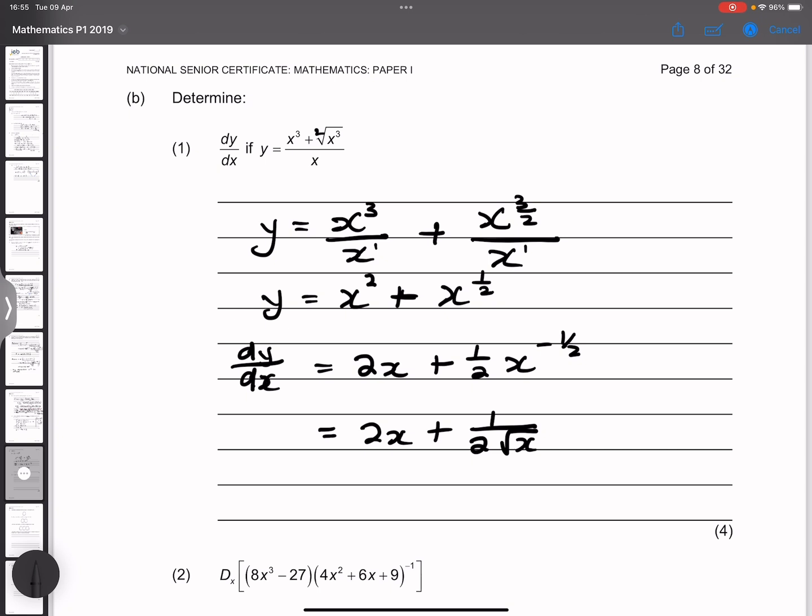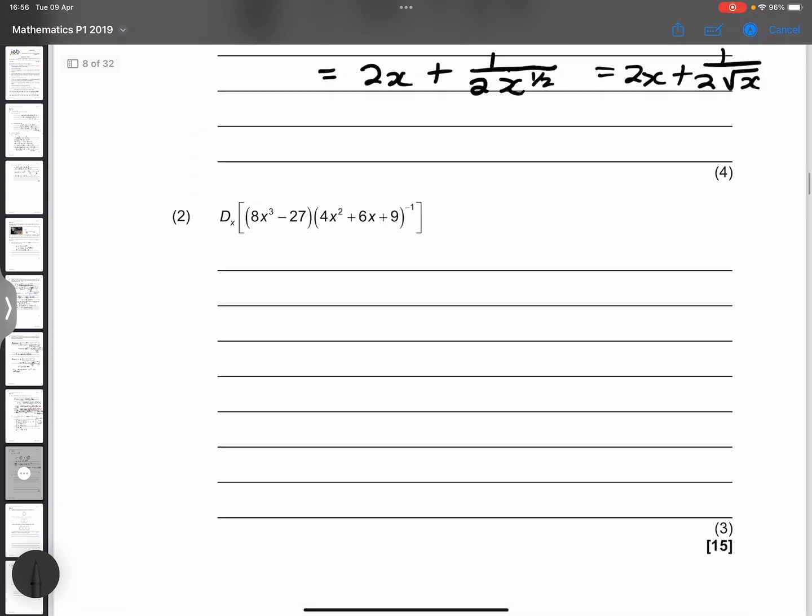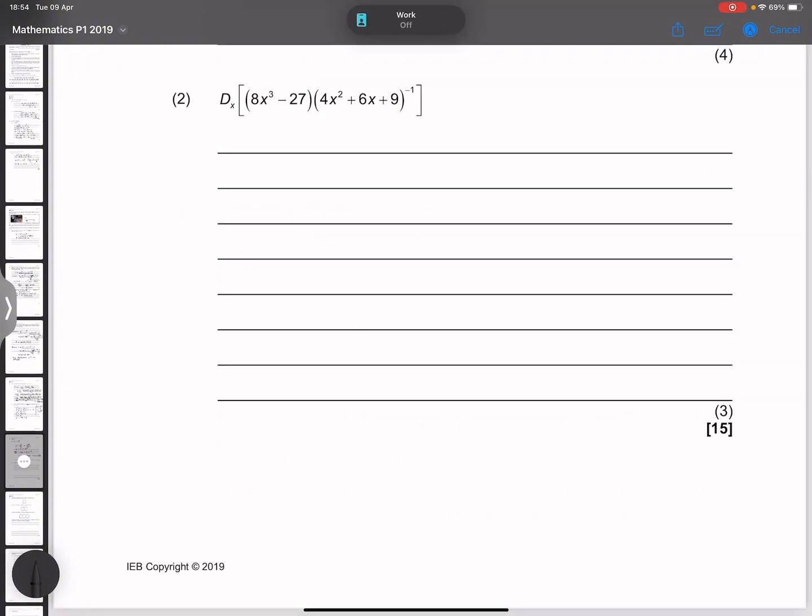If you take the minus 1 over 2, this is x to the power positive 1 over 2 in the denominator. So that's 2x plus 1 over 2 root of x, and that is what the derivative works out to. Again, they want us to find the derivative with respect to x. Let's go on to the next one.